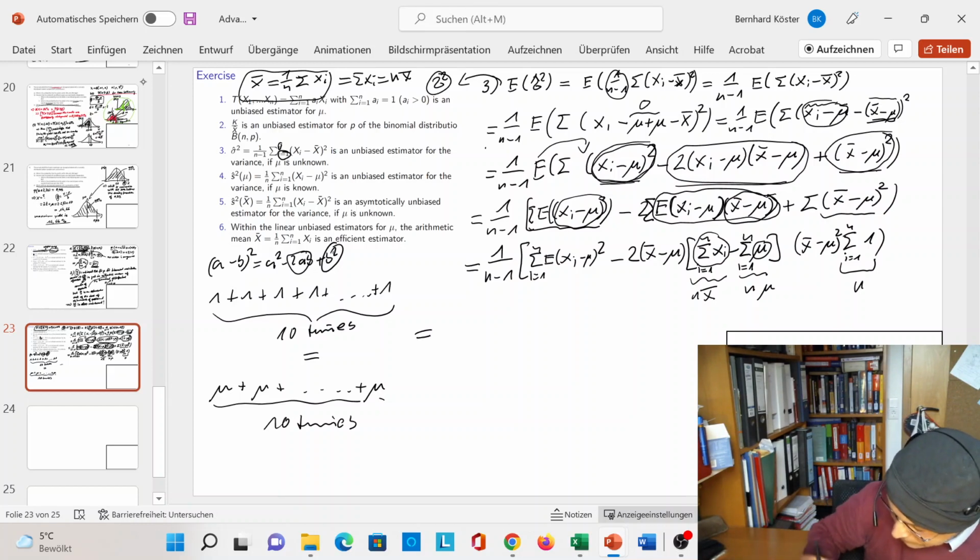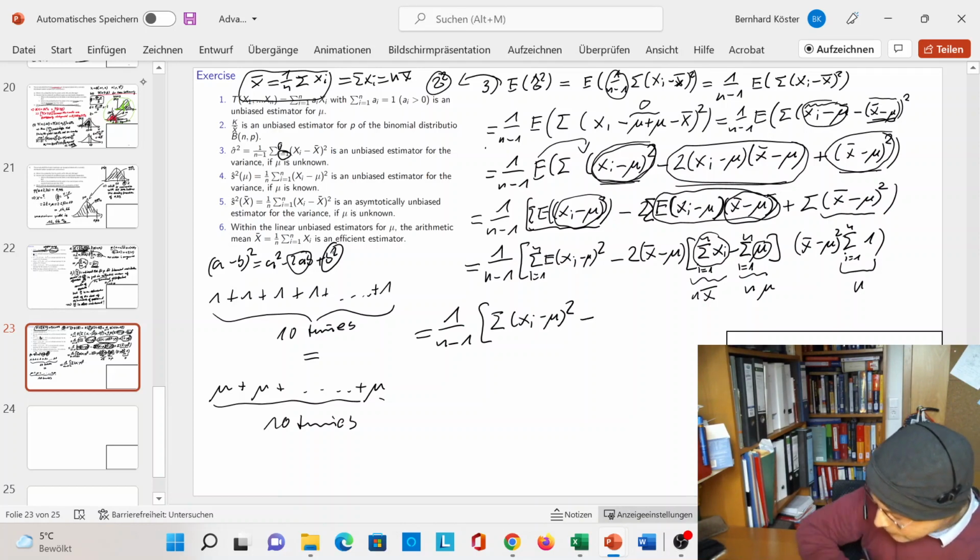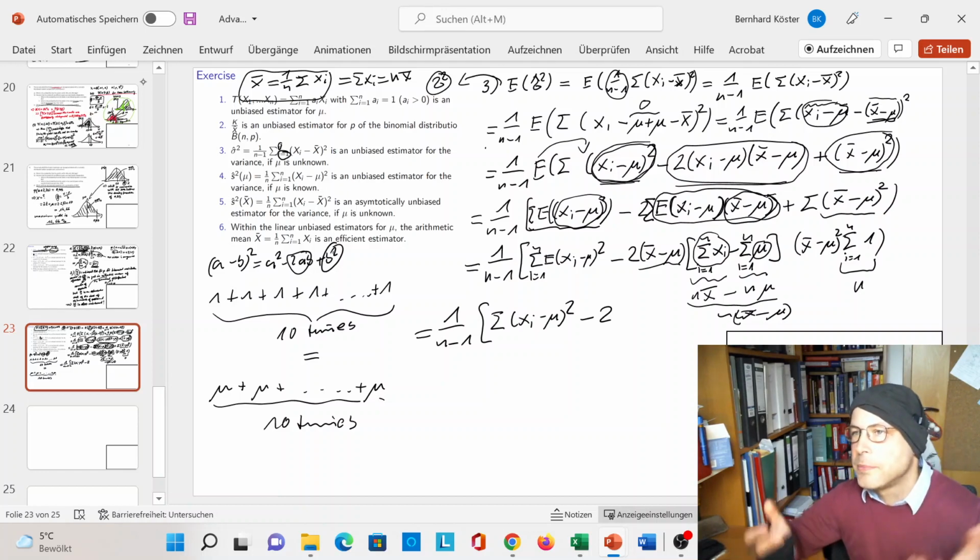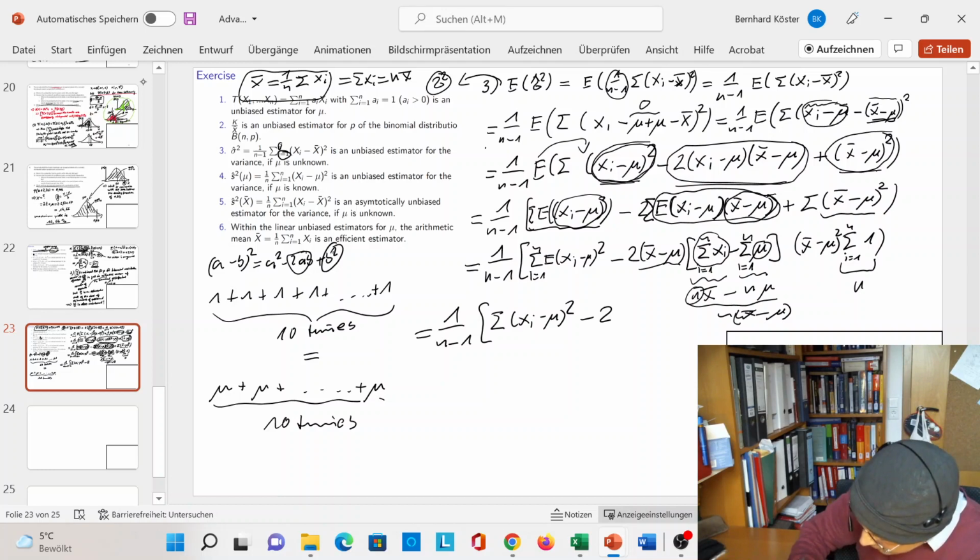And then, Heureka, n over n minus 1, sum xi minus mu squared, minus 2. This n, of course, we can take out of the bracket. Then we have x bar minus mu. Here we also have x bar minus mu, so x bar minus mu times x bar minus mu is nothing else than x bar minus mu squared, but with this n here.